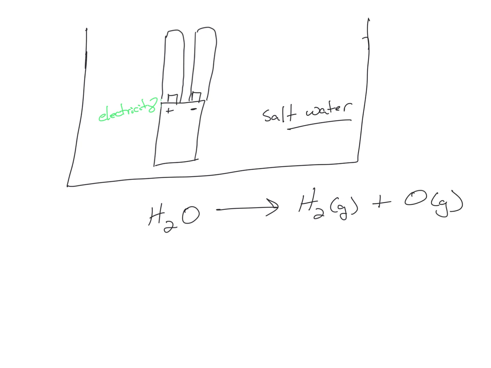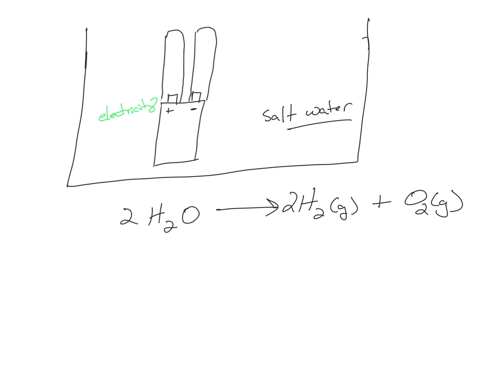Now remember, we balanced this equation, and we know how much oxygen gas do we expect to get as compared to hydrogen gas? 2 to 1. 2 to 1 ratios.